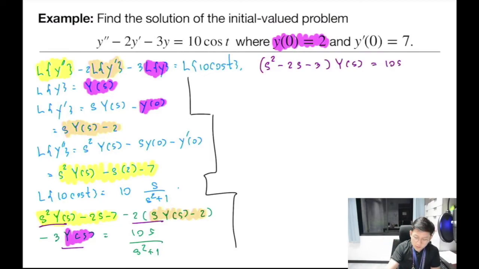So I get 10s divided by s squared plus 1, and then plus 2s, moving to the right hand side, plus 2s. Okay, and here it would be plus 7, which is this guy, and here that is plus 4, right? We have this guy as well, so it's minus 4 plus 4, right?